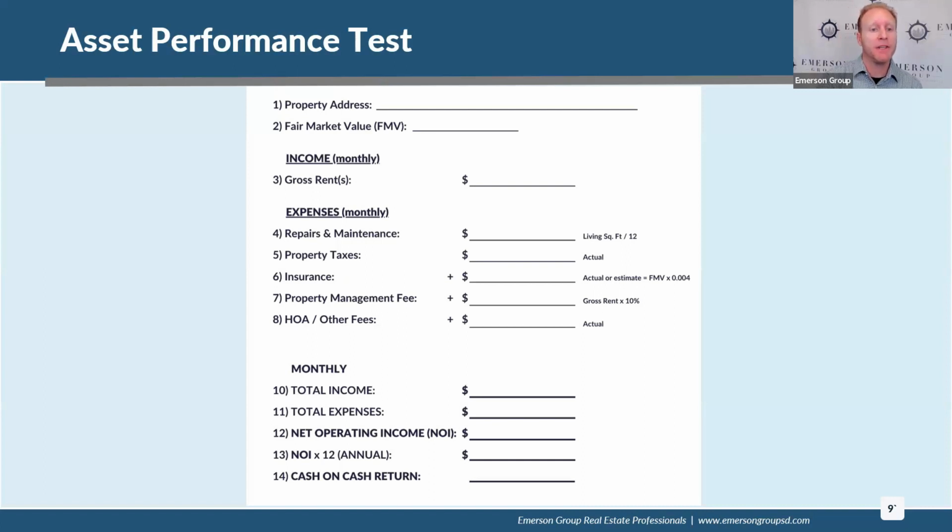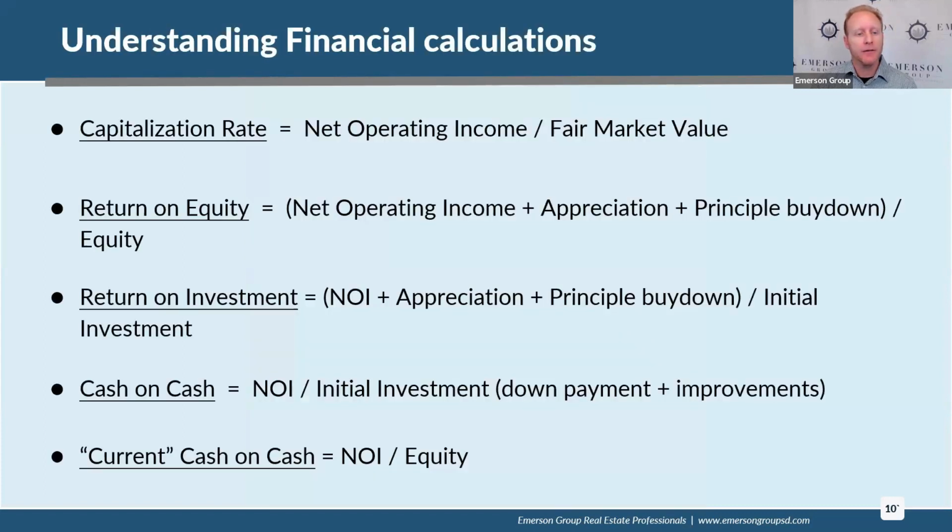So as we can see, we went over the income at the top, the expenses here in the middle, and then we end up here at the bottom for our total income, our total expenses, what our net operating income is, right? So income less expenses, multiply that times 12 so we can generate our annual operating income. And then we're going to figure out what our cash on cash return is, right? Before getting into that, let's go through what some of these financial calculations look like.